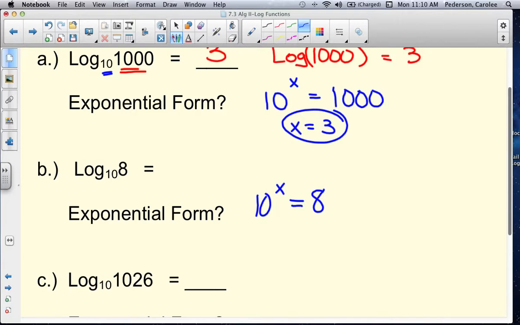So we know this answer for x has to be some decimal. Now we pretty much have to use our calculator to find out what that answer is. So with our calculator, let's go ahead and push log, and then put the number 8 in. And you should get 0.903. That's what this value for x is, right here.